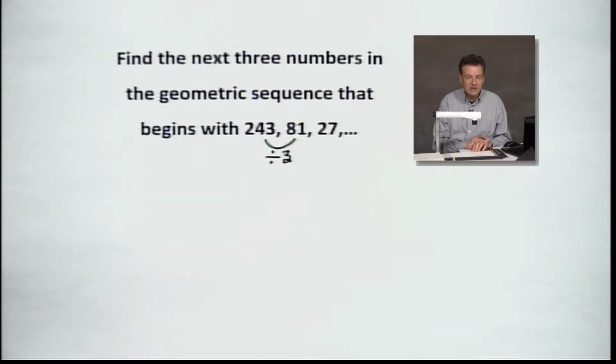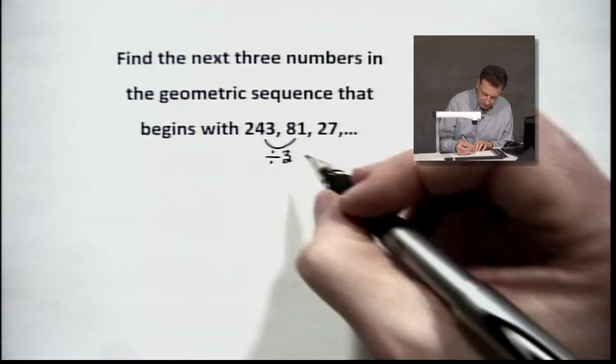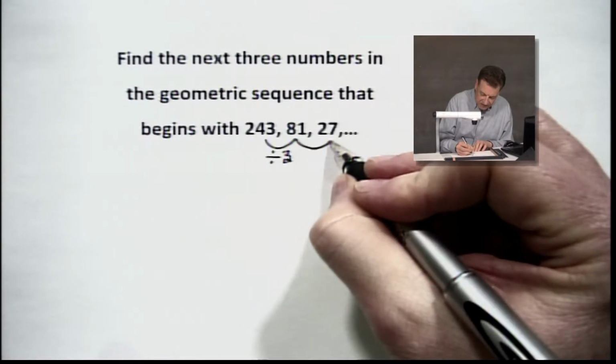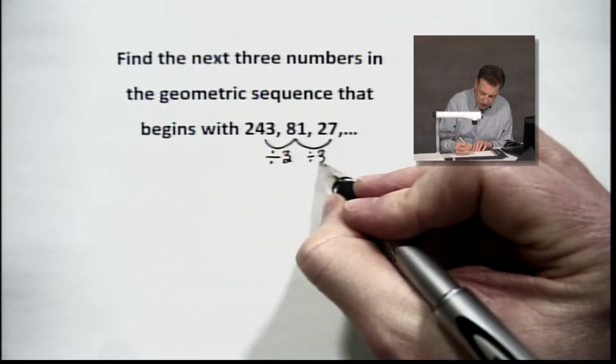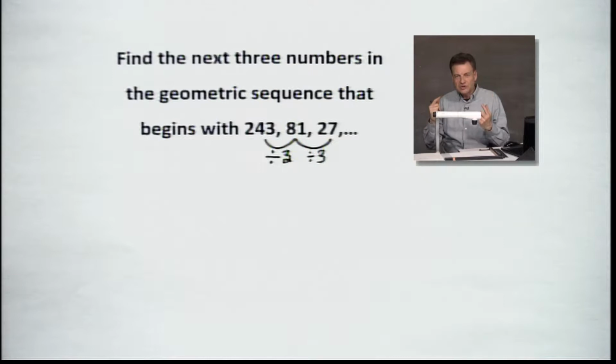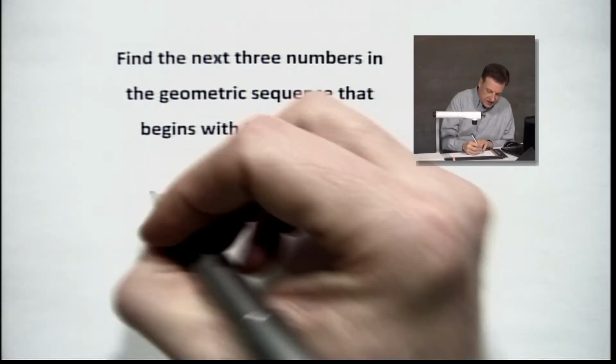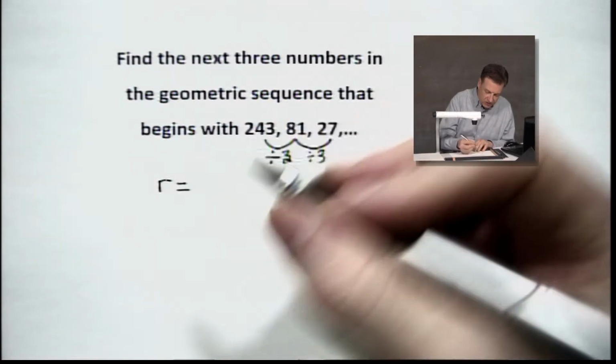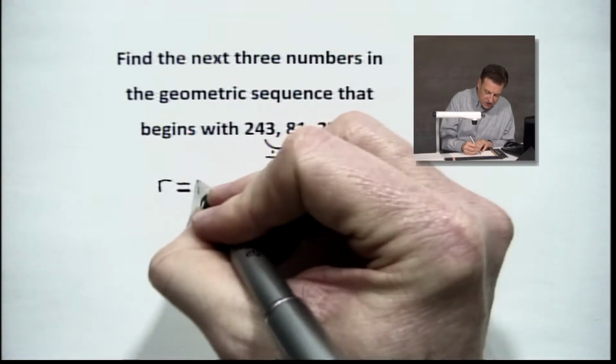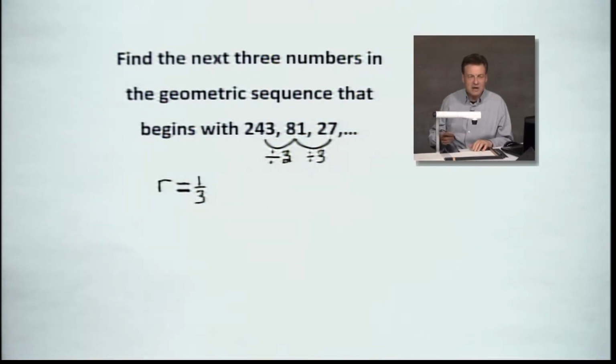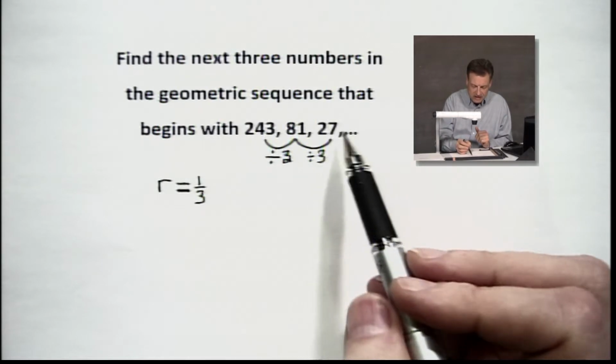Play the game again: we have divided by 3. So in terms of calculating this as a geometric sequence, since we're dividing by 3, the ratio, or this r that we tend to come up with, is going to be 1/3, because it is dropping. We're not changing sign, so it's not a negative 1/3. It's just simply 1/3, and it's dropping, dropping, dropping.